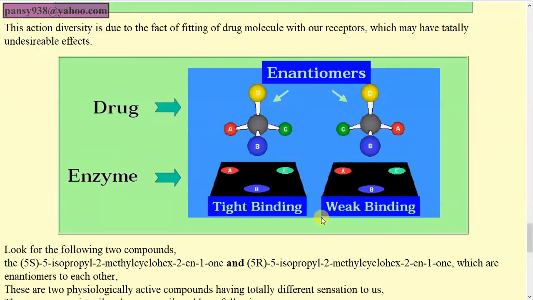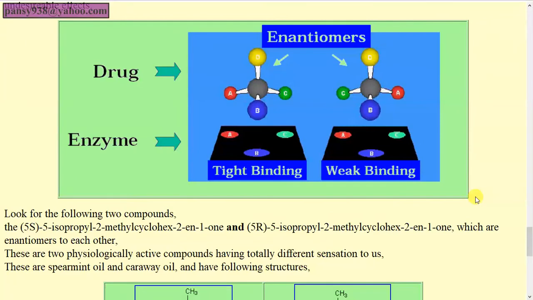That is why the molecule will not show the desired effect. And thus, the stereochemistry of the compounds is essential to study, and the exact structure of the molecule is needed for a desired action.